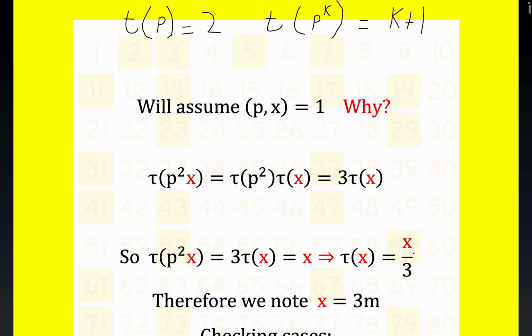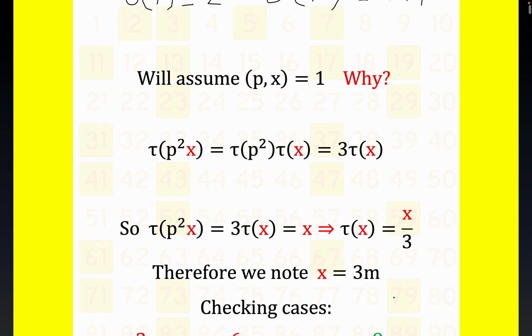Tau at x has to be x over 3, but since tau returns an integer, that forces x to be a multiple of 3. So x equals 3m, where m would just be a positive integer: m equals 1, 2, 3, ad infinitum.